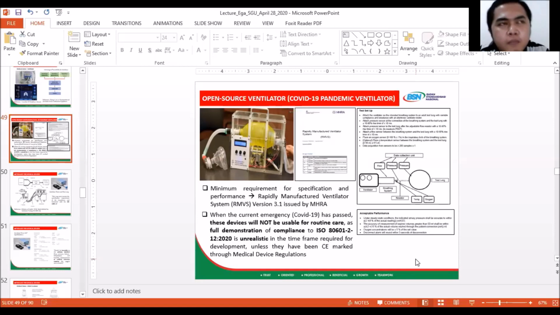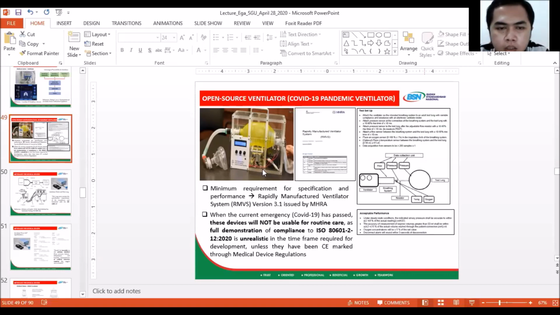BPFK already made the requirement for the specification. Of course, before the mass production, we should make one sample, one manufactured device, that complies with the requirement for the specification and performance.